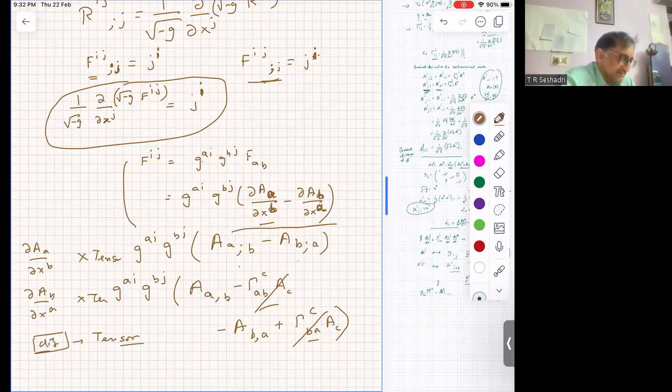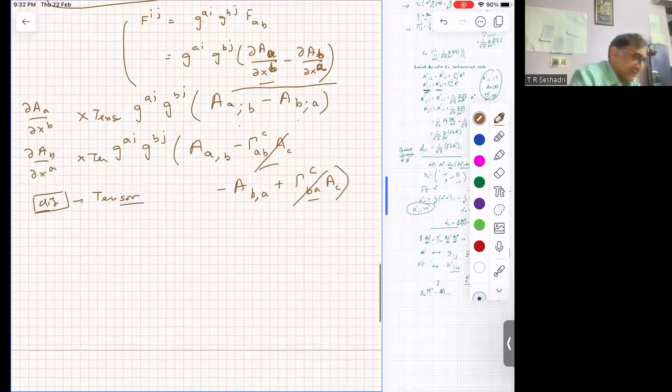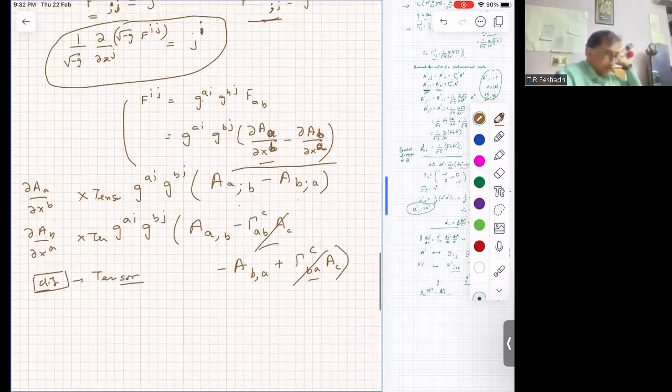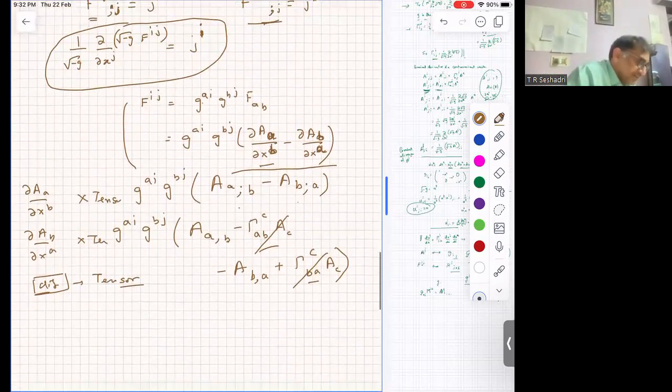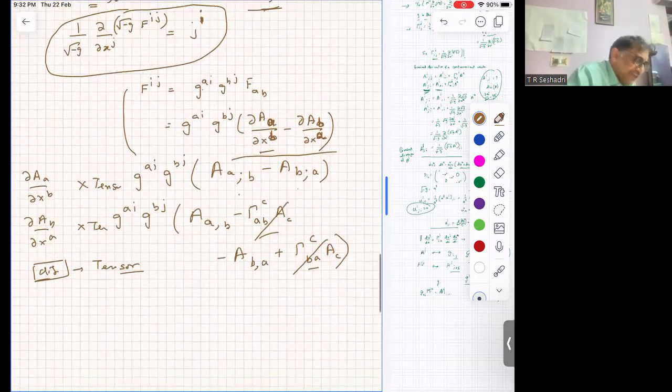And that is why I can. So once I write this, the entire thing can be written, although a bit complicated, in terms of A, and I can write the Maxwell's equation. Of course, now components of G will start affecting the equation, but that's something which you can't avoid. So this is an example of why covariant differentiation is useful.